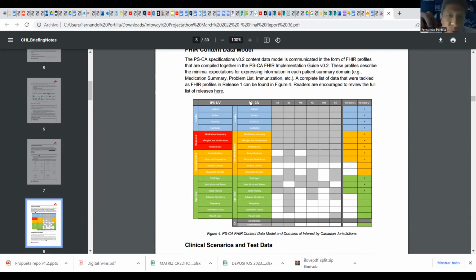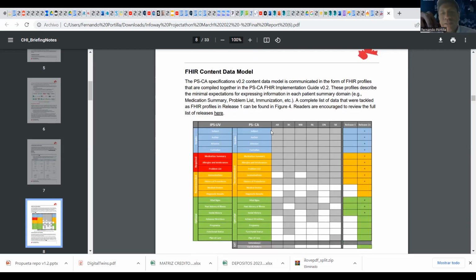So this is the Canadian IPS. They have here what's in yellow. And it's actually quite flexible. The country decided that they were not going to commit to some of the recommended, but only to those that were mandatory. But at least they have these as a reference.